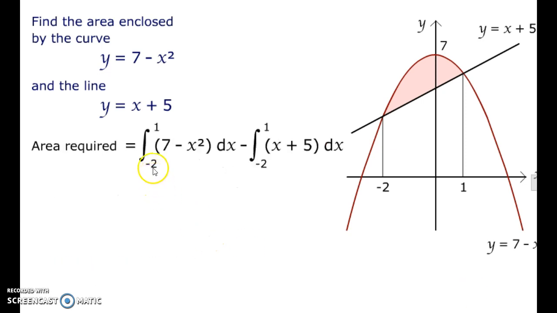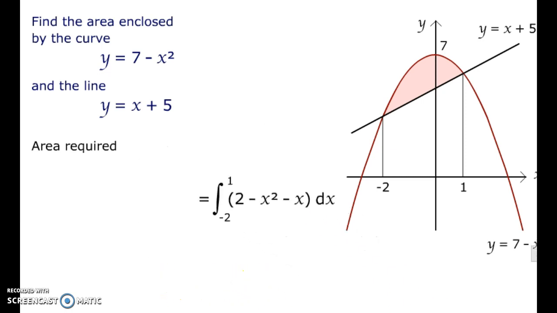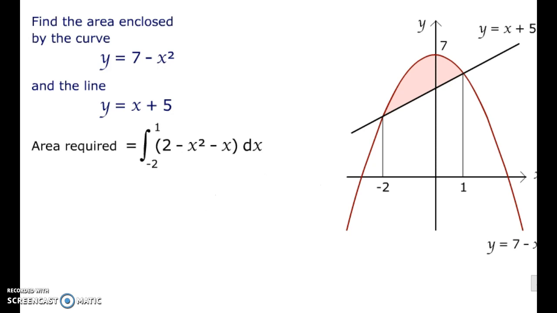Here you apply the integration, minus 2 to 1 of 7 minus x squared, and minus 2 to 1 of x plus 5, because it's a line, the lower curve. This is the upper curve. We can even subtract before integration. Now you get a simple expression here. You integrate it and the area required is this.